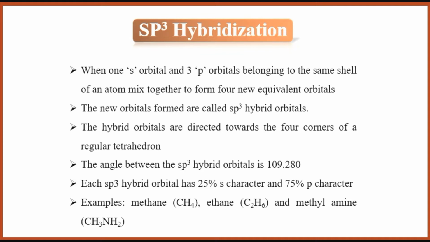Now the next point comes for their orientation in space. These hybrid orbitals would be directed towards four corners of a regular tetrahedron, where the angle between every two sp3 hybrid orbitals would be 109.28 degree.